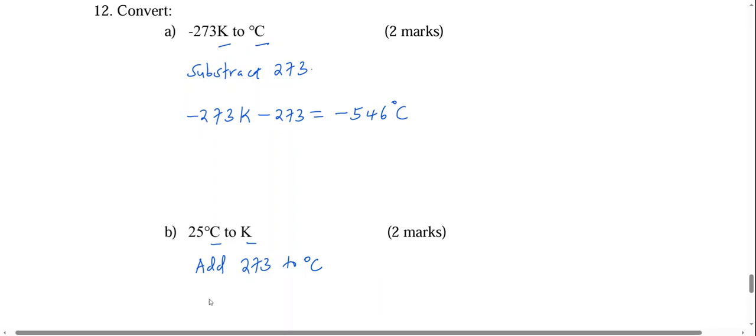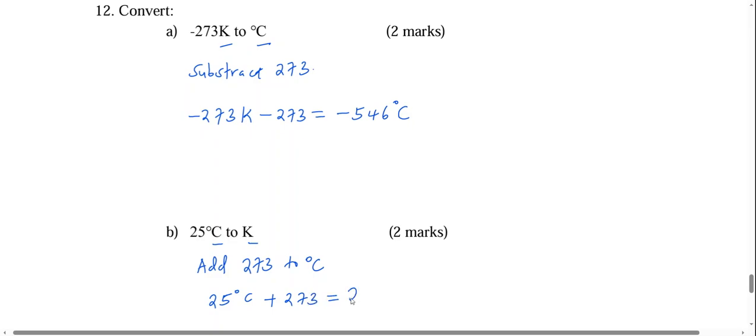Therefore, for this case, we'll take 25 degrees Celsius, we add 273. This results to 298 Kelvin as the answer for that question.